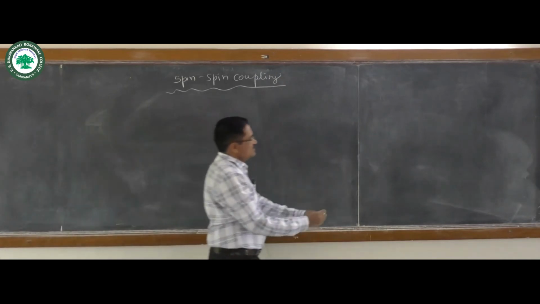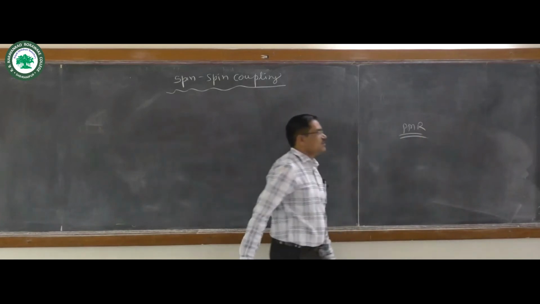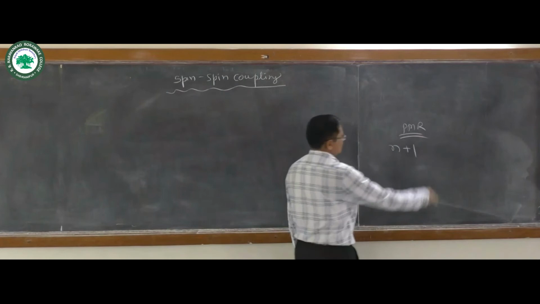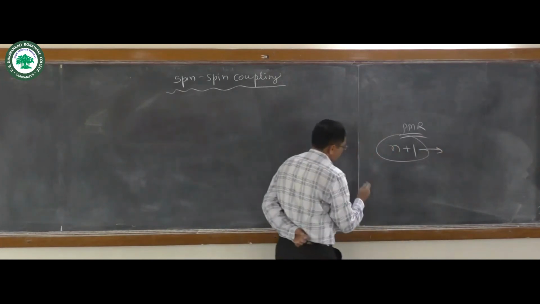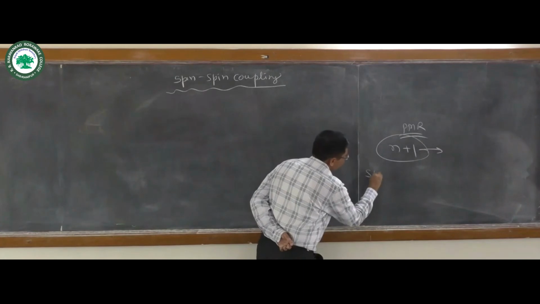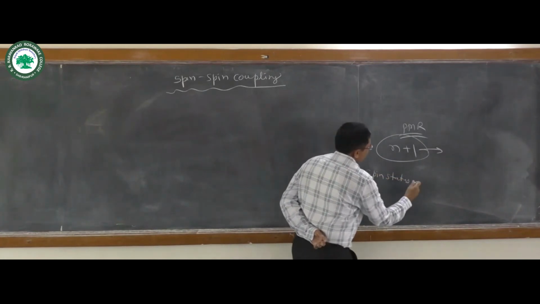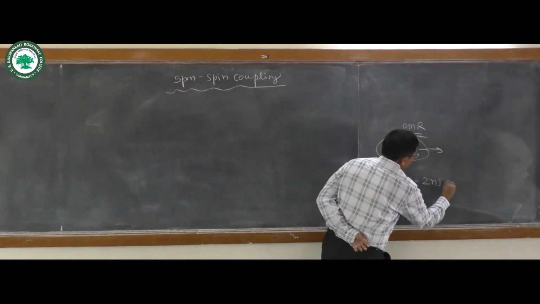Now in PMR, we already discussed this: the n+1 formula. Actually, this formula comes from spin states, 2nI+1.